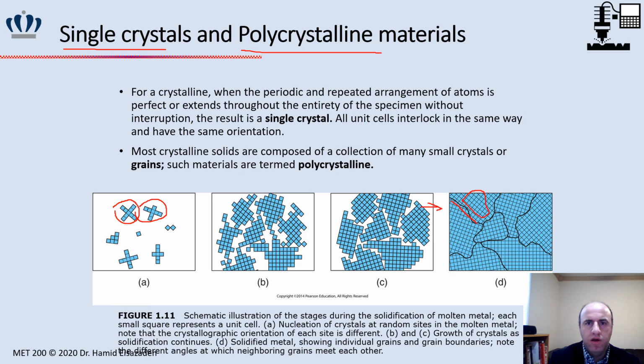If you have a material that has no interference, just one repeating pattern, it's called a single crystal. But if you see material that has grains like this one, then it's called polycrystalline material. It means it has many grains in it.